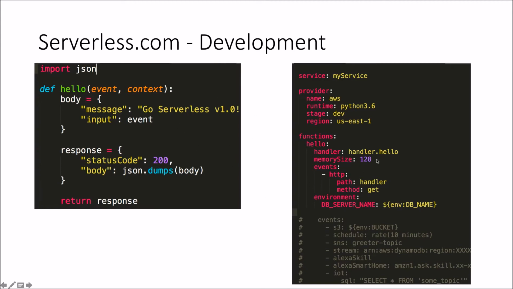We can specify the memory requirements and control costs and various others. And more importantly, if we didn't specify the events section at all, it would have gone ahead and provisioned this Lambda function into AWS and would have stopped with that. But now that we have specified some events, and here we have specified that it's an HTTP event, in addition to provisioning the Lambda function, it'll go ahead and provision AWS API Gateway, and it will create an entry under get and point that to this handler.